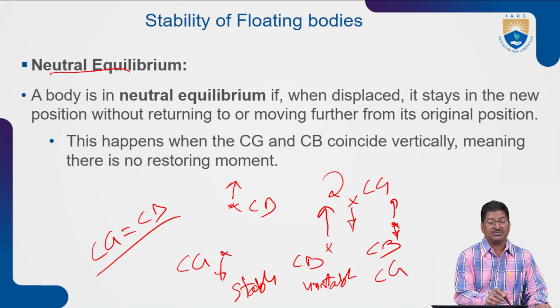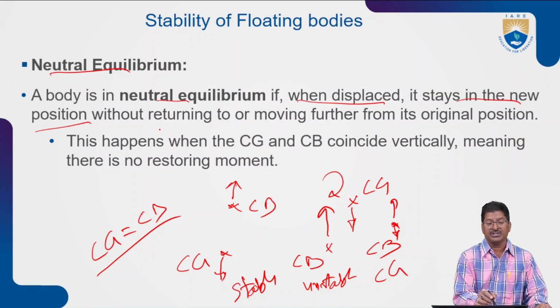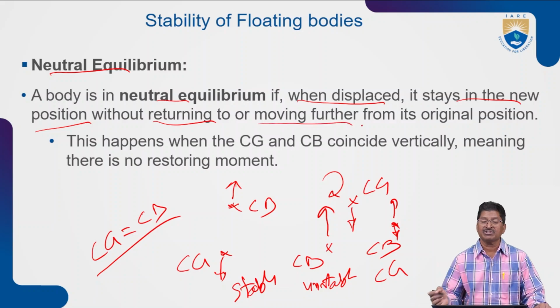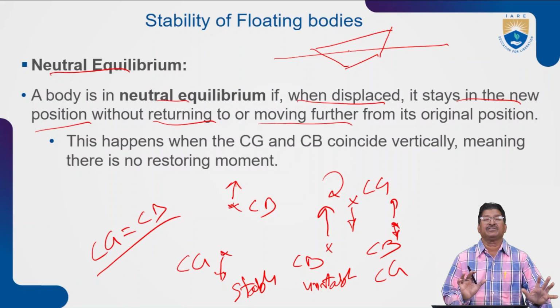Here, see the sentence now. A body is in neutral equilibrium when displaced, it stays in a new position without returning or moving further from its original position. So if the ship is here and you give a small tilt, the ship will stay like that only.